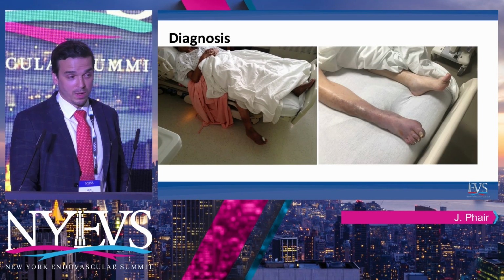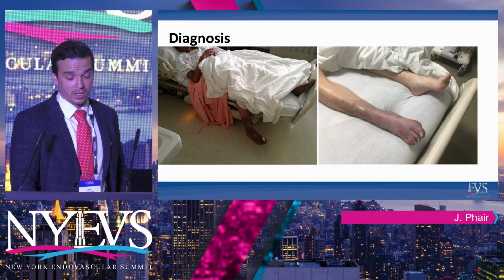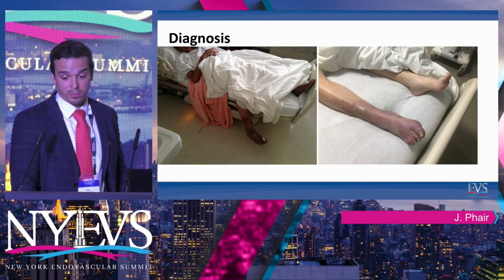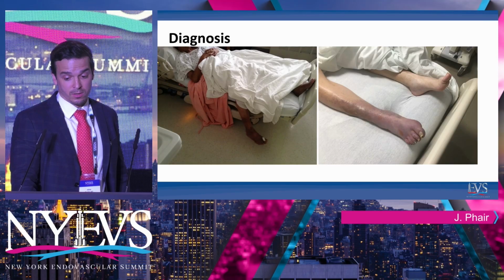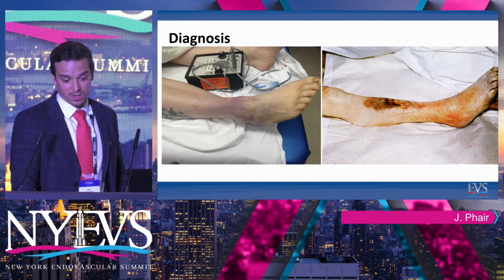Probably most of the people in the room have seen this, the classic sign of hanging the leg off the side of the bed to relieve pain, using gravity to increase the perfusion pressure to the foot, but we also see the change in color. You can look at that foot and know that it feels cold just from the picture.